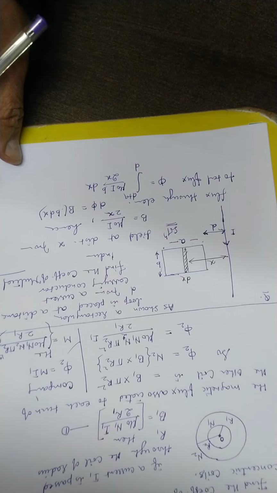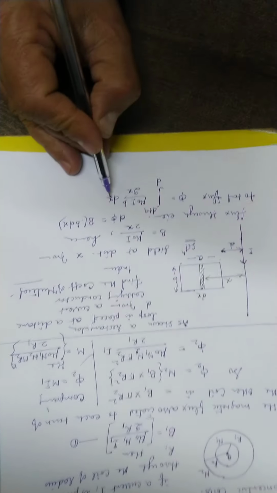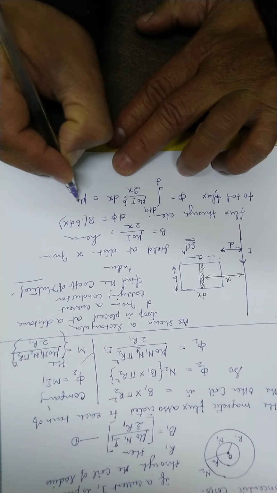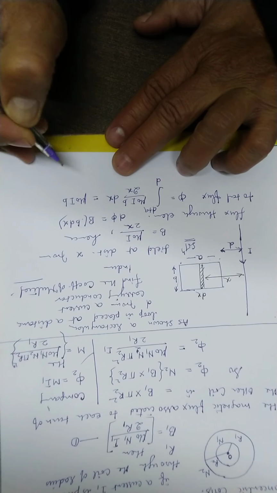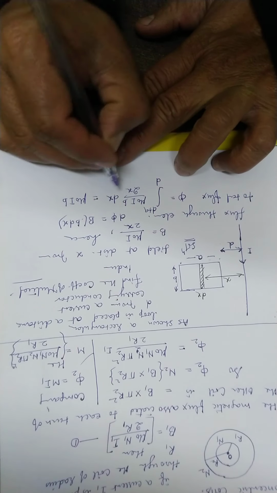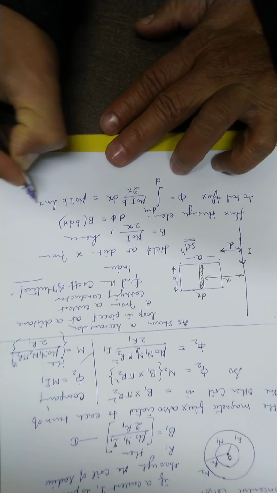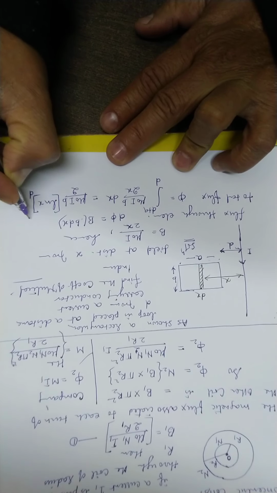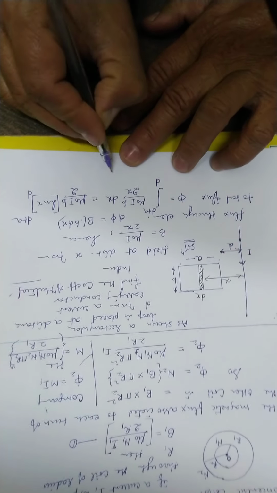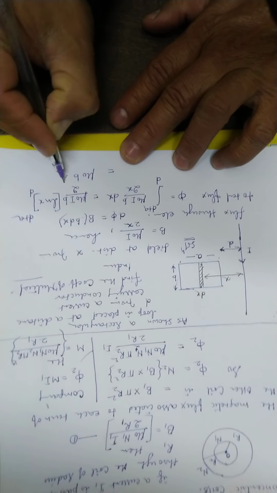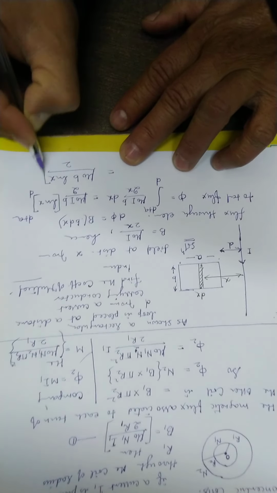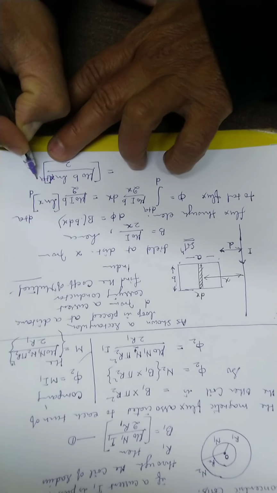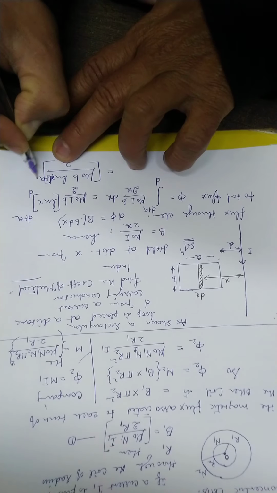Now almost all of you can easily see that the integration of 1 upon x has the value log x, so it will be mu naught I b and log x, divided by 2 of course. The limits will be from d to d plus a, and I will get mu naught I b log of d plus a upon d, divided by 2.